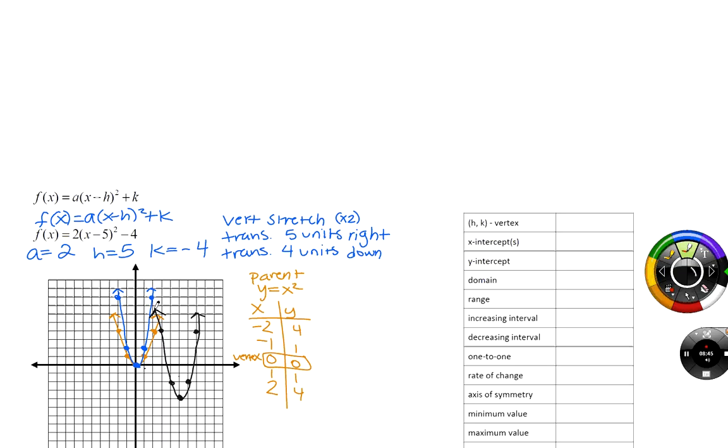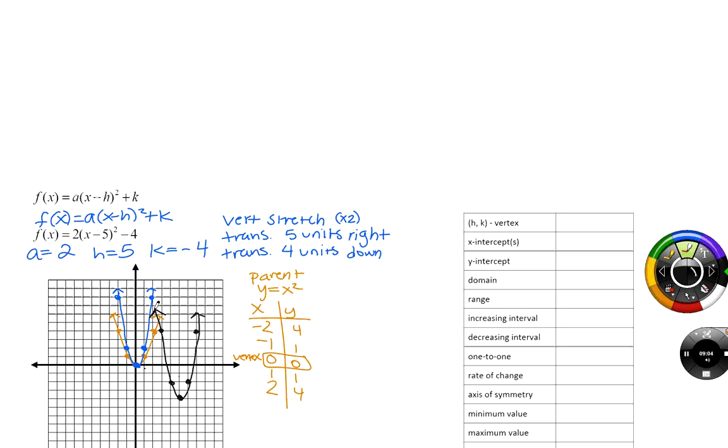What else is happening vertically to the graph? There are 2 translations. Which one's a vertical one? The down one. So the y values were affected by being multiplied by 2 and then subtracting 4, so to speak.